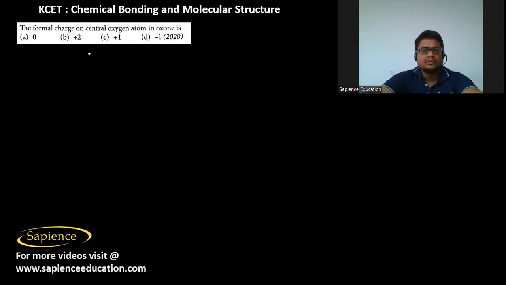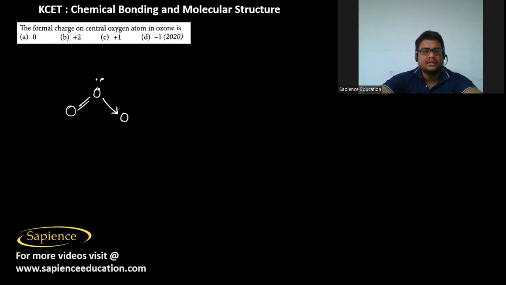Then here it is told the formal charge on central oxygen atom in ozone is. So here oxygen atom, it is 1, 2, 3, 4, 5, 6. So here it will form a coordinate bond here.